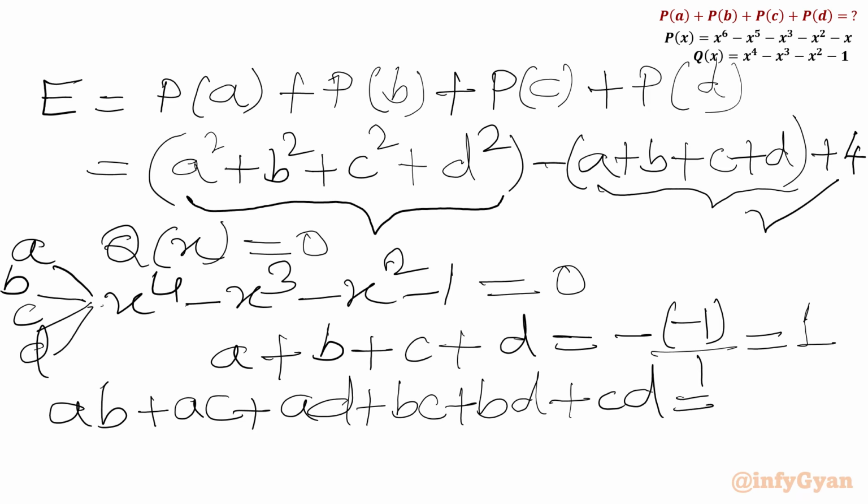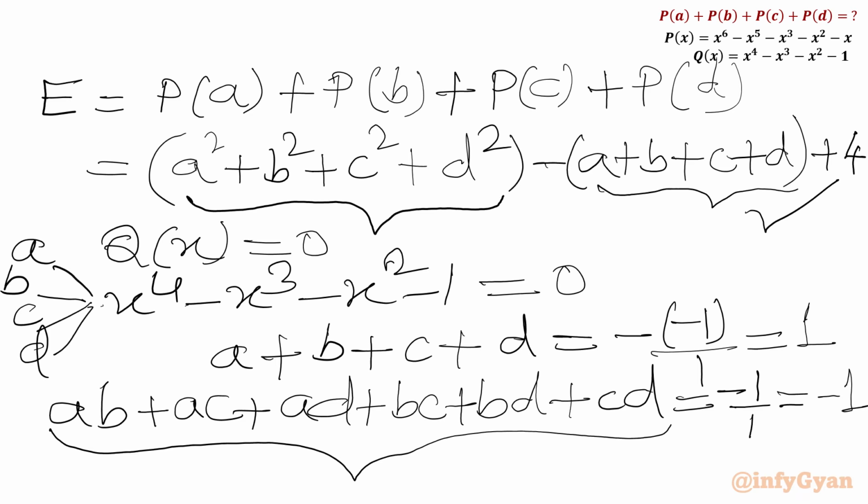This will be equal to the coefficient of x square over the coefficient of x power 4. So minus 1 over 1, the value will be negative 1. But this is not a square plus b square plus c square plus d square. So we will use an algebraic identity.